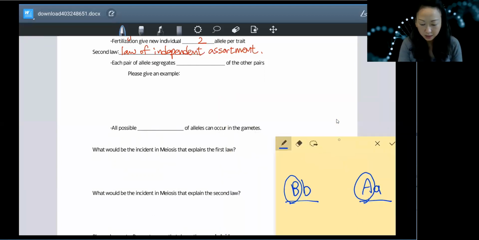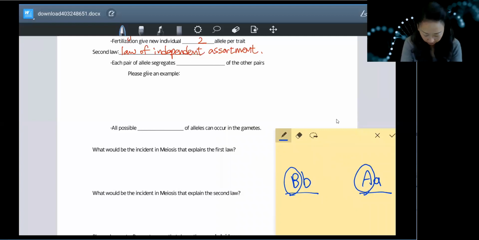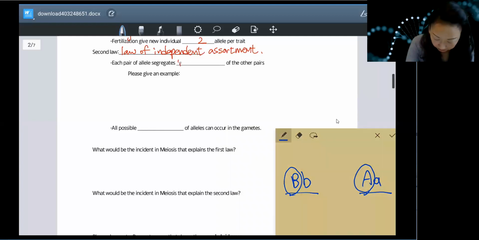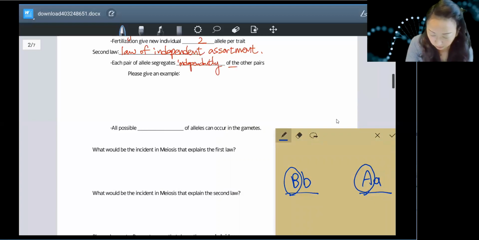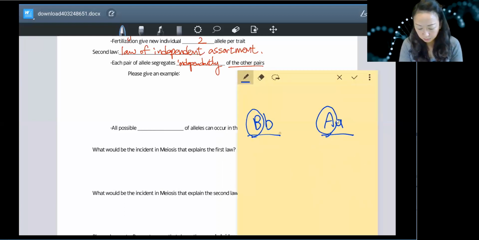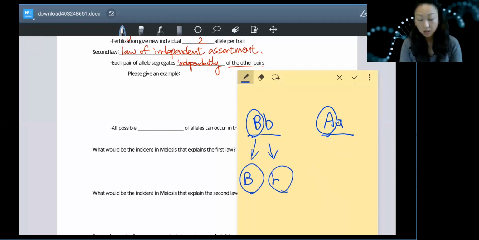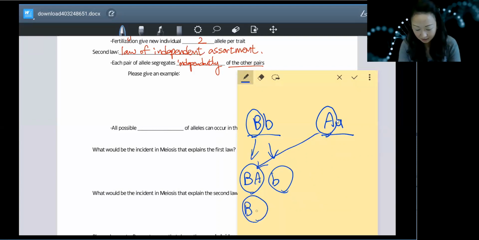So the law of independent assortment says each pair of alleles segregates independently from the other pair. So big B, small b is going to sort on its own, and big A, little a can sort on its own as well, which means I have equal chance of getting big B with big A, or big B with little a, or small b with big A, or small b with little a.